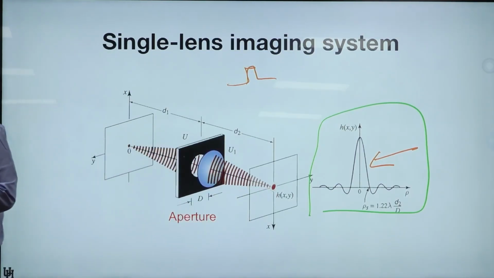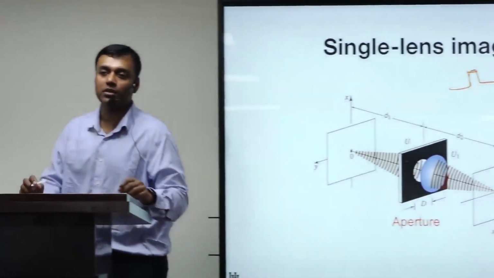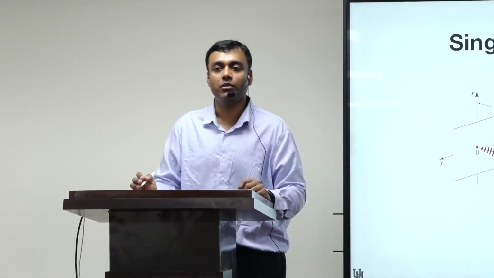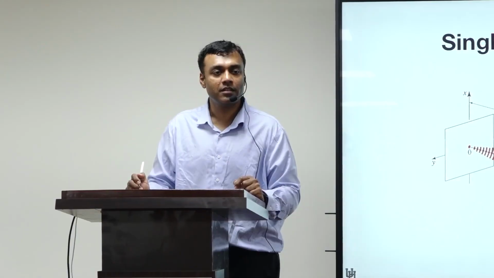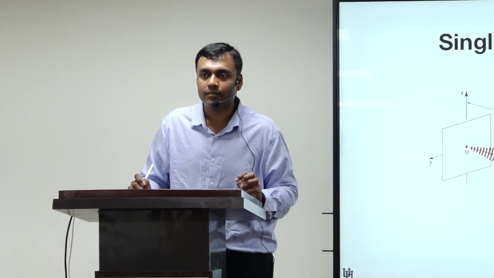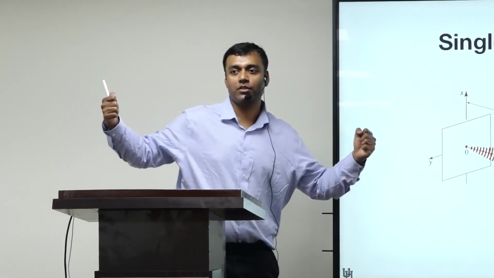What is important about this? Counterintuitively, if you make the aperture very small, what happens to the width of this sinc function? If you squeeze in the spatial domain, what happens in the Fourier domain? It becomes broader, it expands in the Fourier domain.